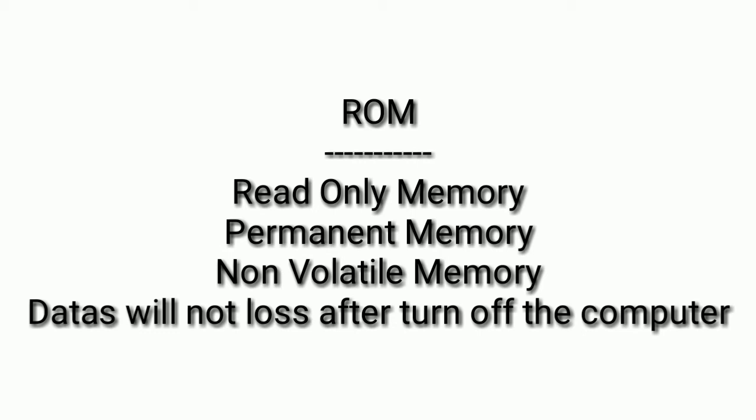After turning off a computer, data from the RAM will be lost, so it is known as a volatile memory. Then what is ROM? ROM means read only memory, and it is a permanent memory.